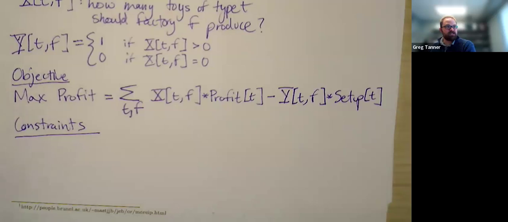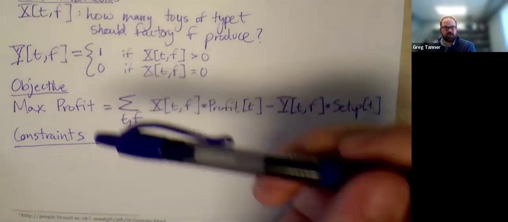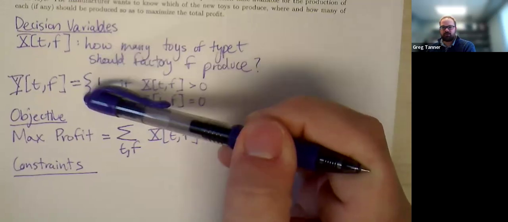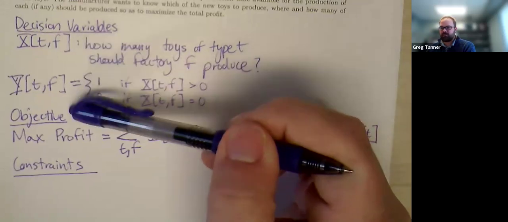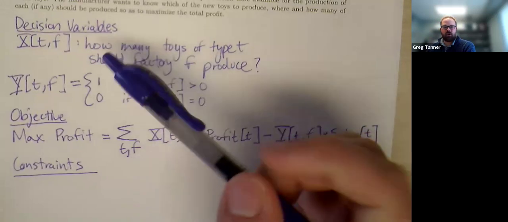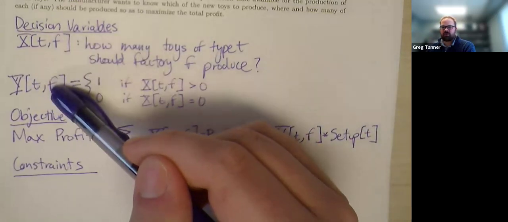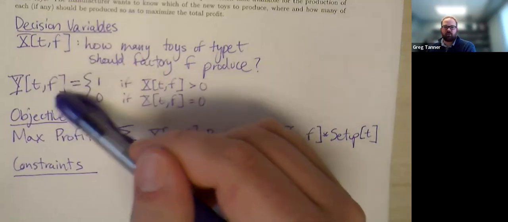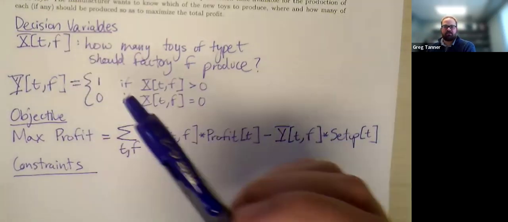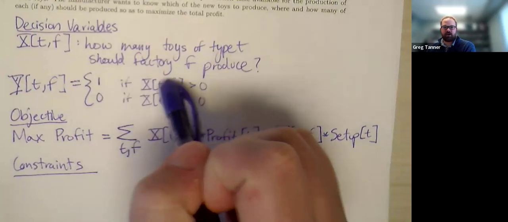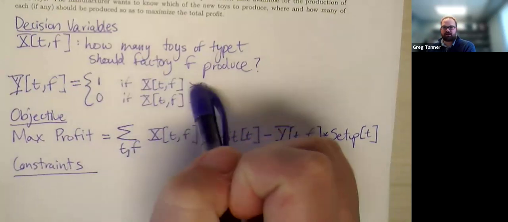So the first constraint will enforce the relationship between the X and the Y variables for the corresponding X and Y variables. Okay. In that we want X to essentially turn on Y, or conversely, you can think of Y as turning off X, meaning that we want Y to be forced to be 1 if X is greater than 0.